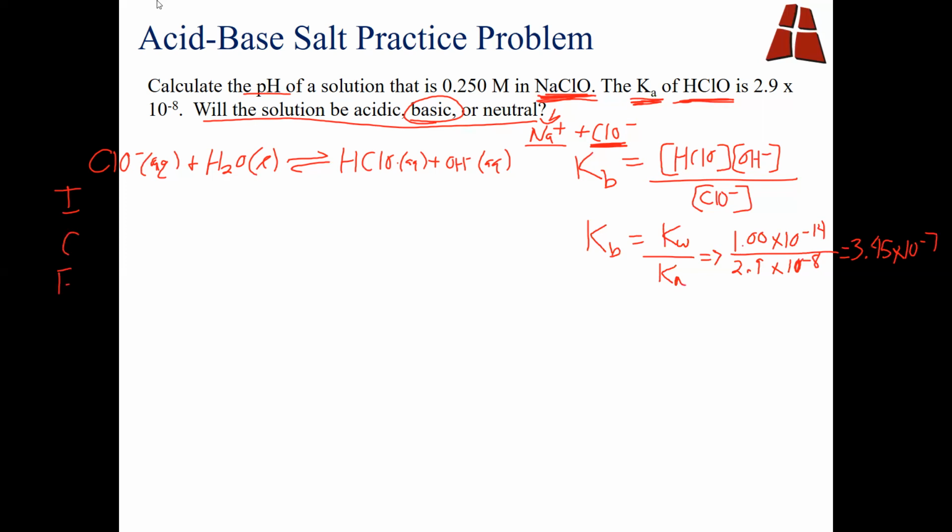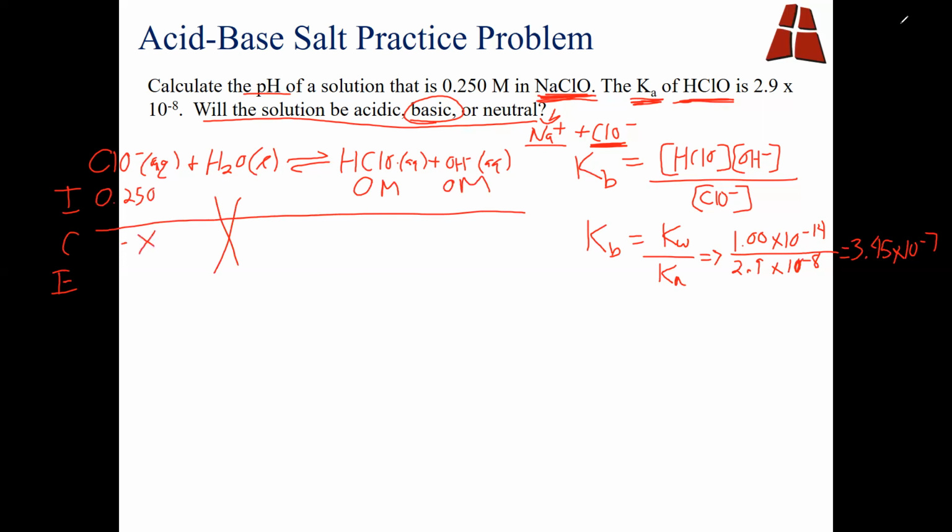And so hopefully you're pros at this point where we plug in our initial concentration of the solution here. And sorry, my E disappeared there. And so if we plug that in, I get 0.250. Water, we don't need to consider because it's a pure liquid, and then our initial concentration of our products will be 0.